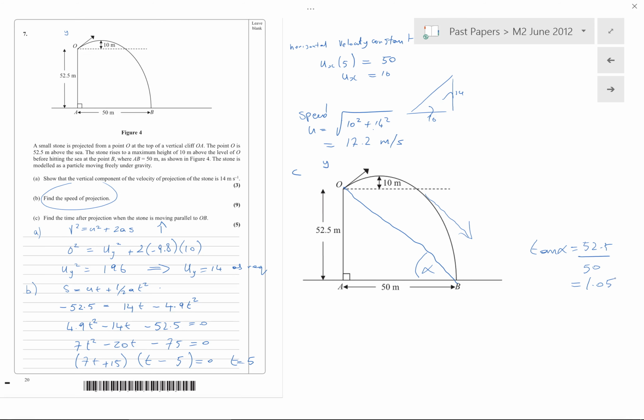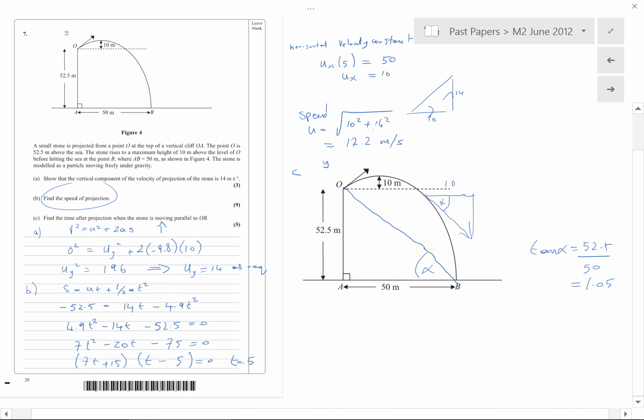Then we can use the fact that we know that the horizontal component is 10. Now let's make sure that I mark the correct angle. Nope, wrong angle. This angle is alpha here. We can see that, using Z angles or whatever.